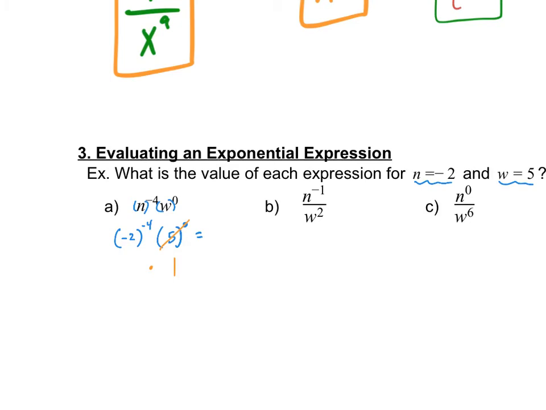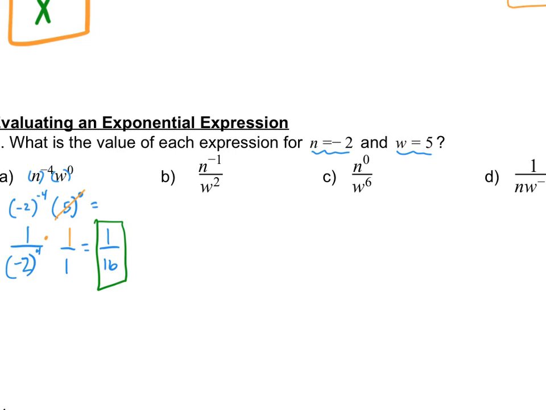And the reciprocal of negative 2 to the negative fourth power is going to be 1 over negative 2 to the fourth power. And that is going to end up being 1 over 16 when I simplify that. Negative 2 times negative 2 times negative 2 times negative 2 is going to give me a positive 16.